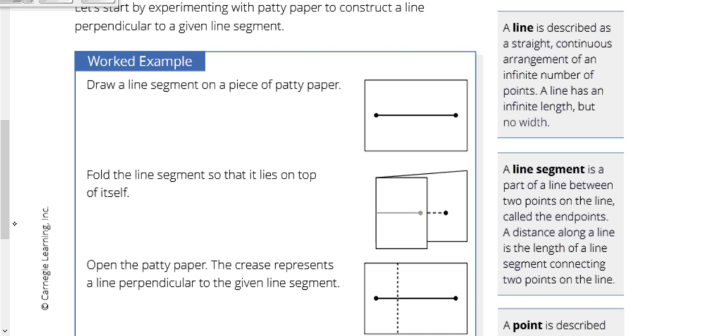A line has infinite length but no width. When we draw a line or construct a line, ours has width because we live in the real world and we have to use something to draw it. But in essence, a line has infinite length and no width.